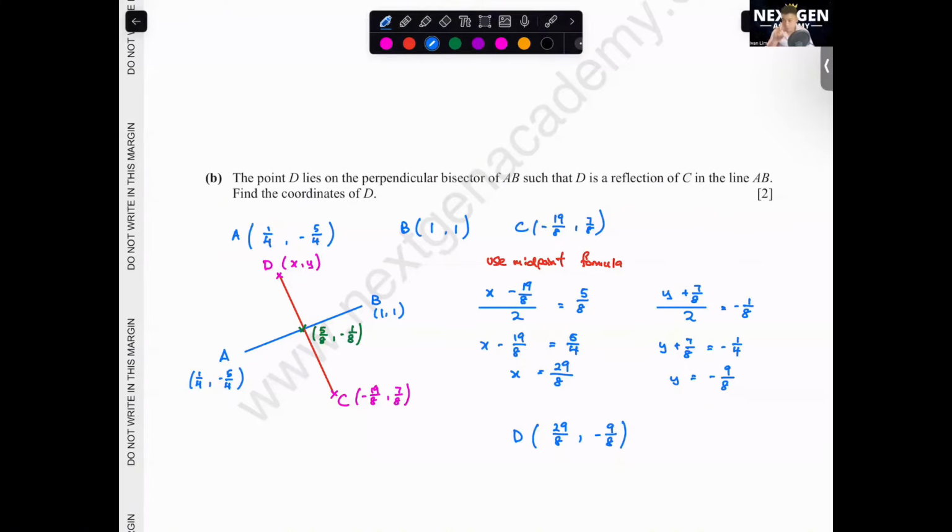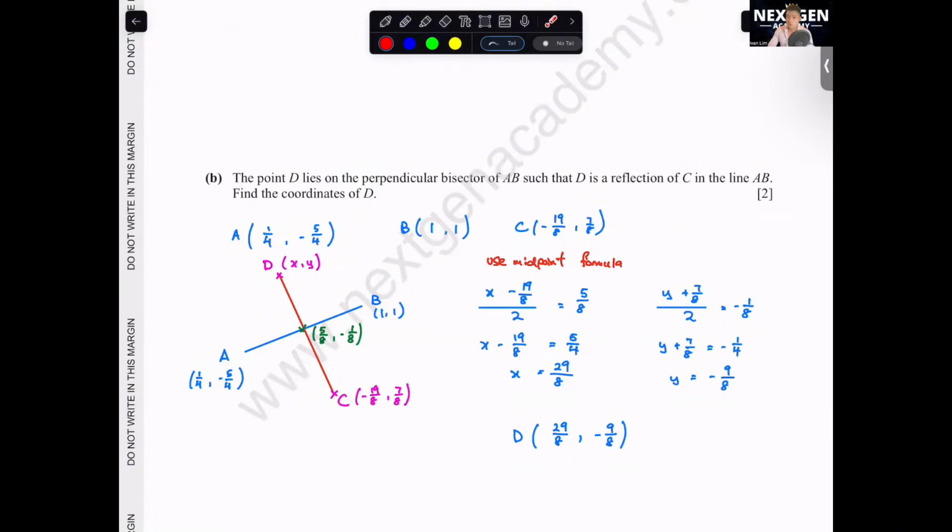Okay, one thing I want y'all to be careful about. When y'all do the calculation, whenever they ask you to find coordinates of D or a certain point, present your final answer like this. Don't just leave it in x and y. Good. Okay, anyone else use a different method? 2 marks only.